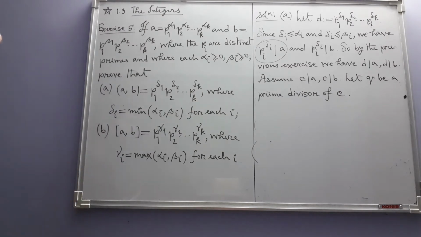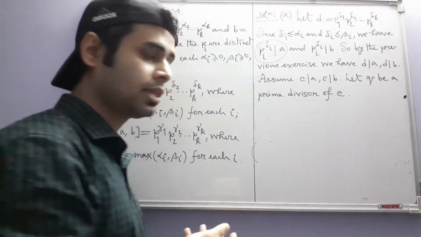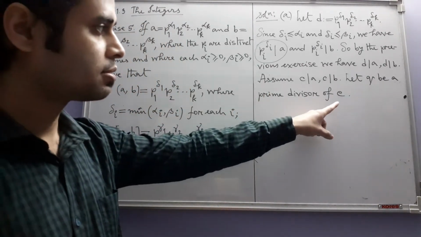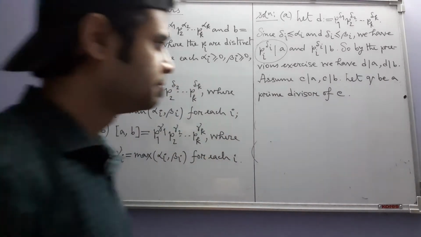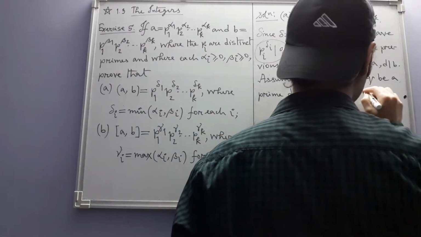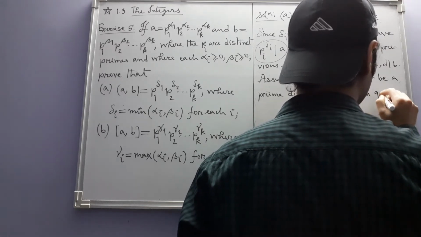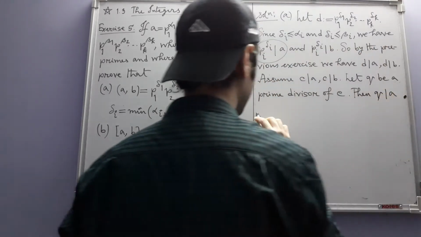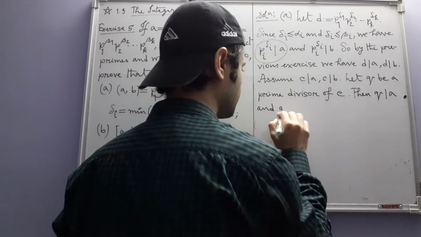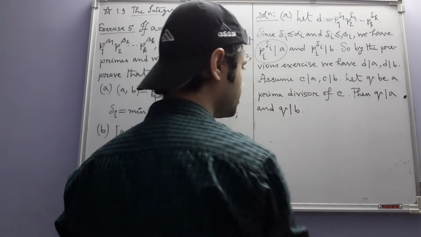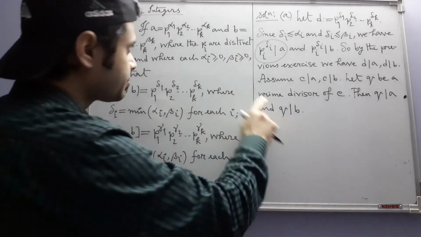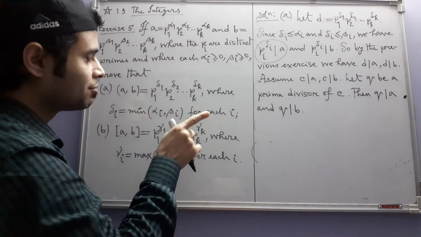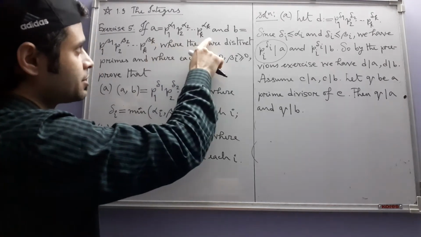Suppose C has some prime divisor Q. If it has, then what can we say about Q? Q divides C and C divides A and B. So Q has to divide both A and B. Then Q divides A and Q divides B. Now look at this. Q divides A means Q divides this product.